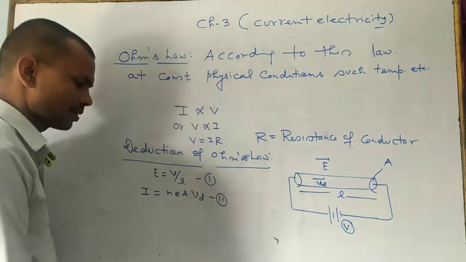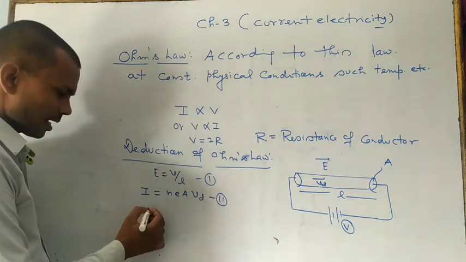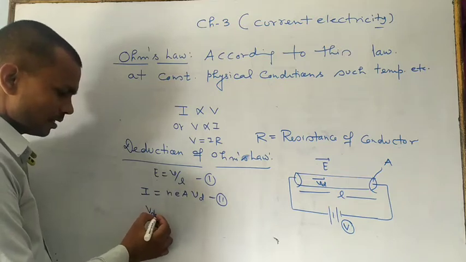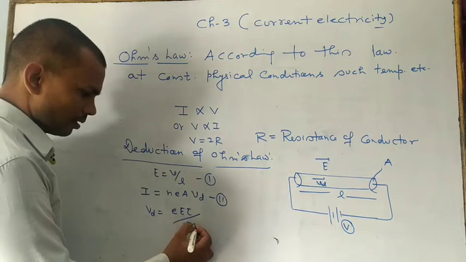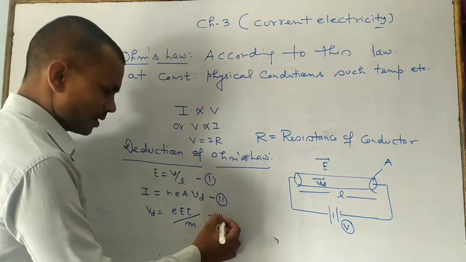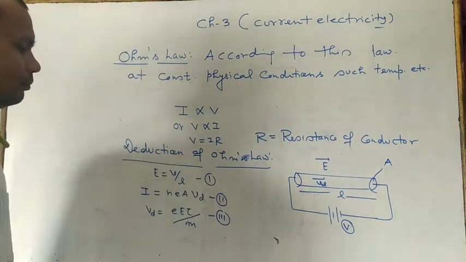Suppose this is the second. For the third one, we have also studied that VD equals E tau by M. This is the relationship between drift velocity and relaxation time in magnitude.